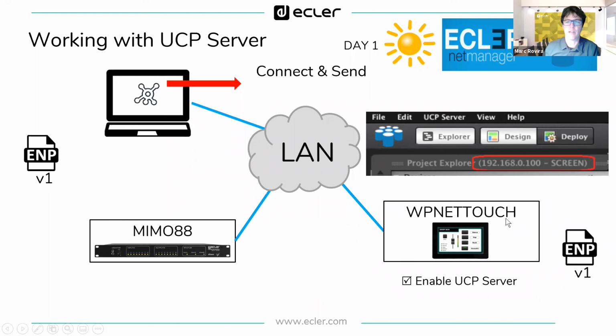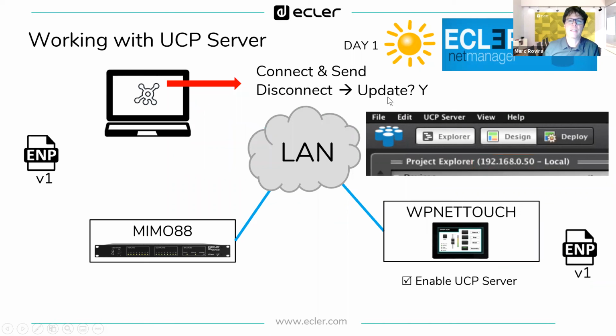This is the name of the WP Touch in this case, and the IP of the WP Touch appears. So when you disconnect, it asks if you want to update, because if you did some changes when you sent the file, you can make some changes on the fly, and you say yes, and then it's sent. It's disconnected.